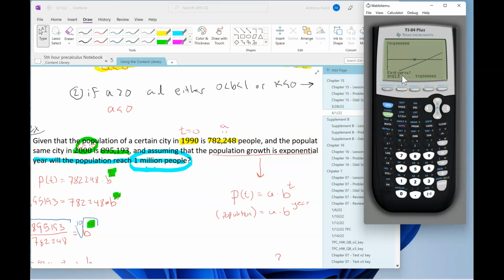We just had 2 things, right? How many times are those 2 things intersecting? Just once. So all I'm going to do is press enter 3 times because the calculator will handle everything else. There's only 2 things to look at, and there's only 1 intersection. And it tells me that intersection is at 18.21-ish and a million.